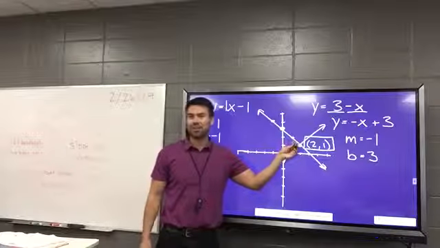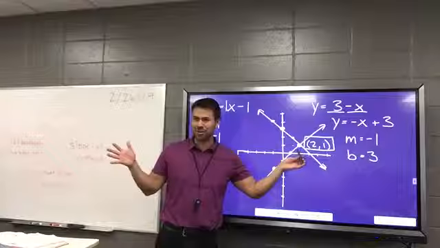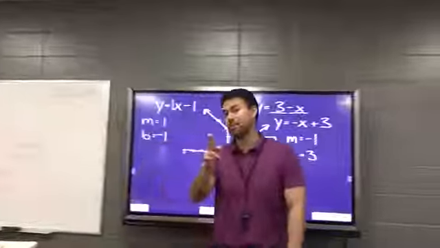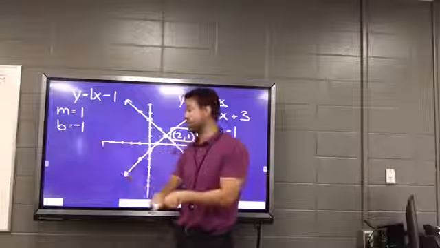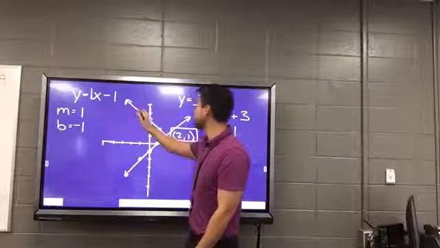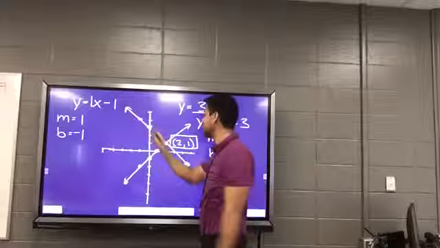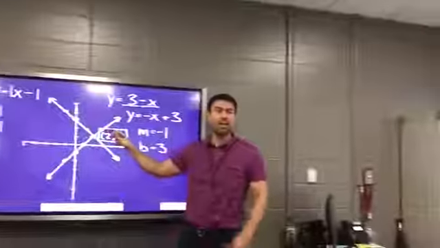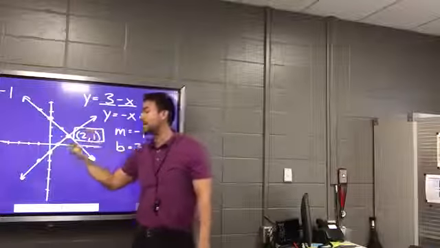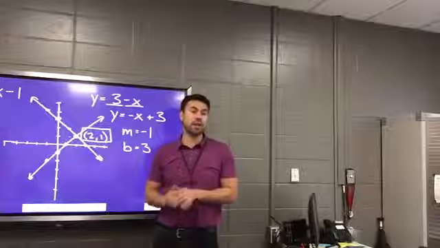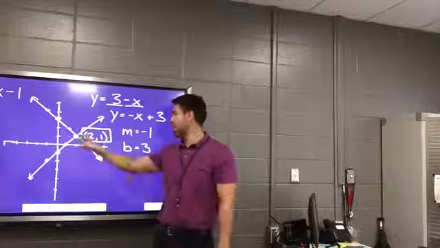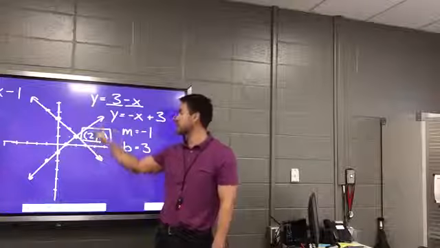This is cool. Should I make her go all the way up to the very end? No. It's how many, Mary? Infinite number of points. All those points. I'm talking all the points. So how many points are on this line, everyone? Infinite. How many points are on that second line? Infinite. How many points do they share in common? 1. There's 1 point right there, and that's your solution.